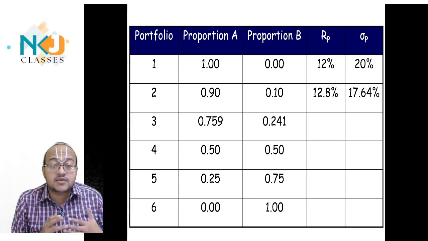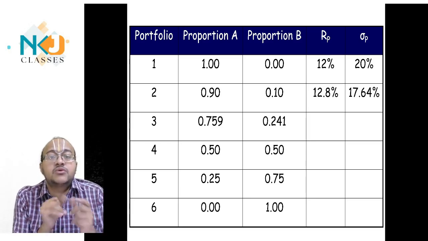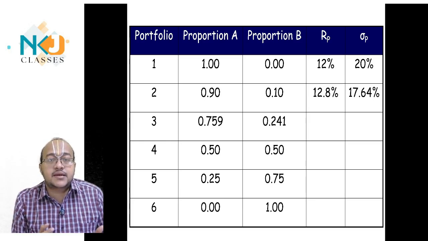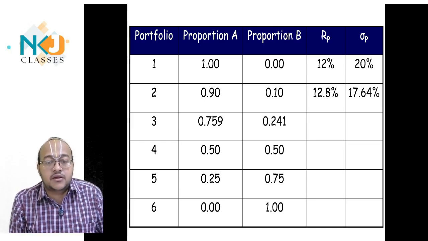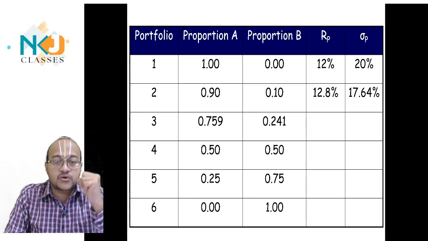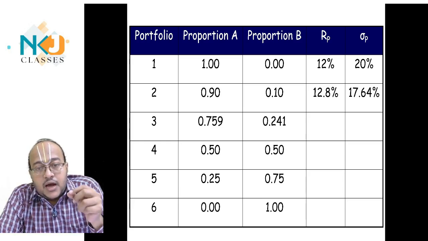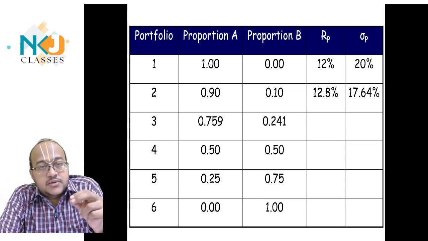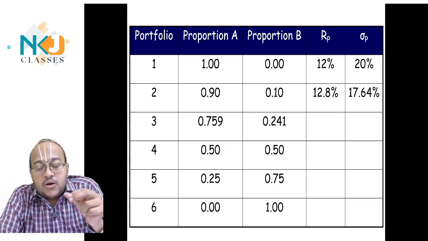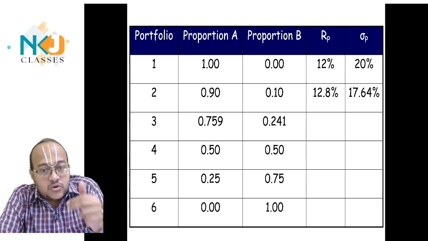But to our surprise, risk has reduced even after injecting a high risk security. Are you understanding? That is the beauty of this discussion. Our portfolio consisted fully of security A, which is a low risk, low return security.